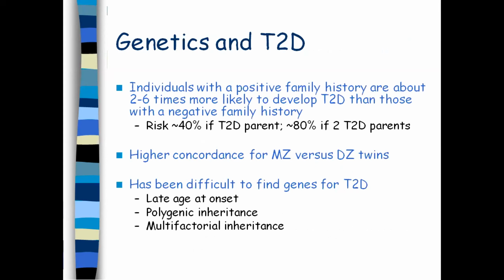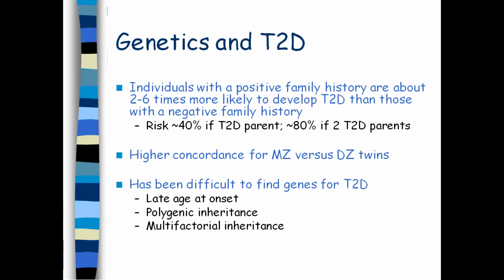So when we are talking about genetics and type 2 diabetes, individuals with a positive family history are about 2 to 6 times more likely to develop type 2 diabetes than those with a negative family history. So there is a genetic predisposition, and those genes will be carried to the next generation, and the children of parents who are suffering from type 2 diabetes have more chances of developing type 2 diabetes.